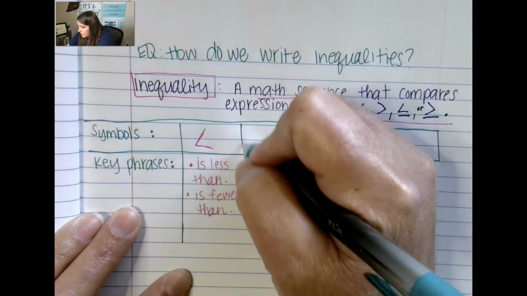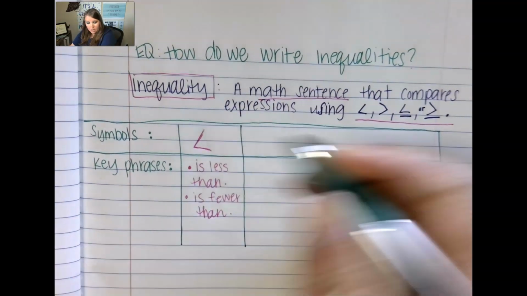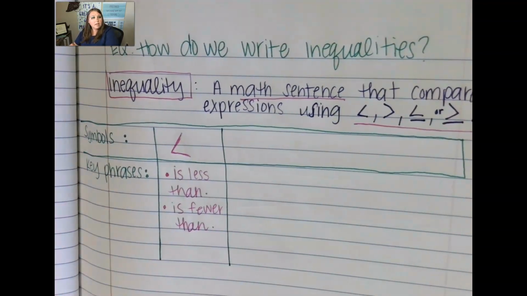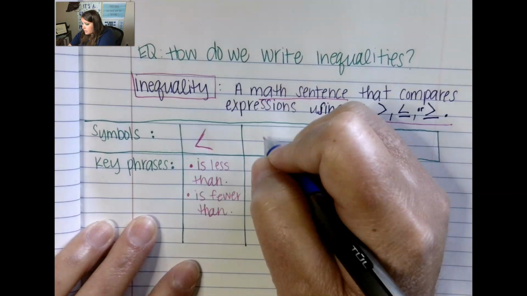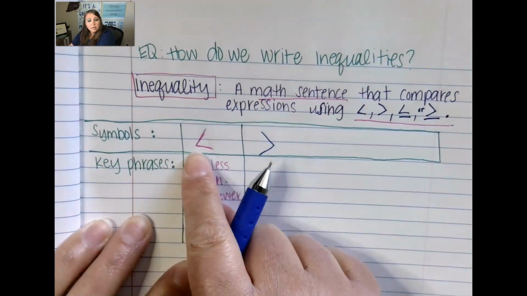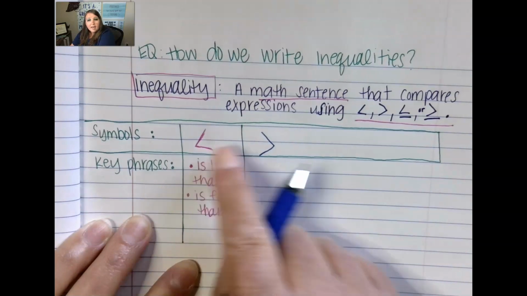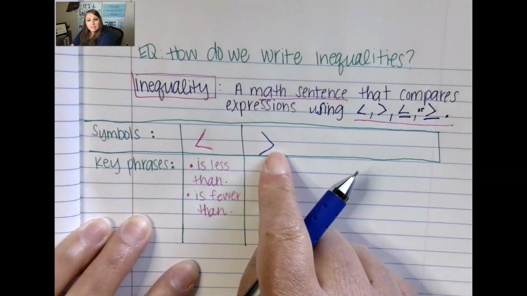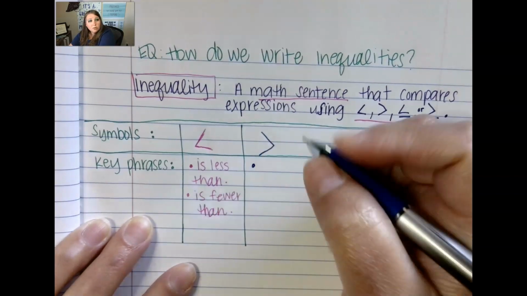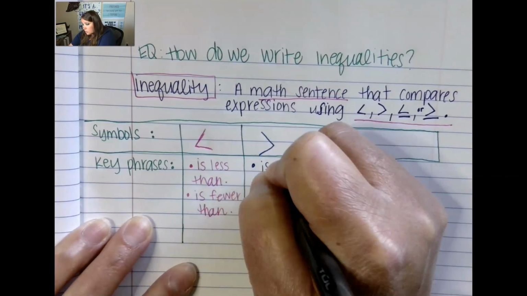All right, let's look at the next symbol that we might come in contact with. This symbol looks like this one, except it's opposite. And this one is the greater than sign. So some clue words that we might come in contact with is greater than.